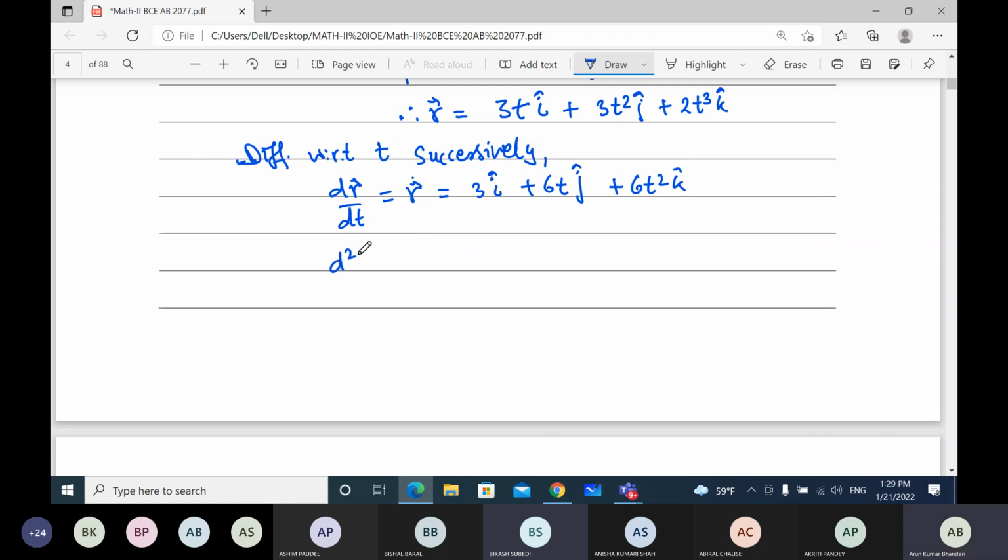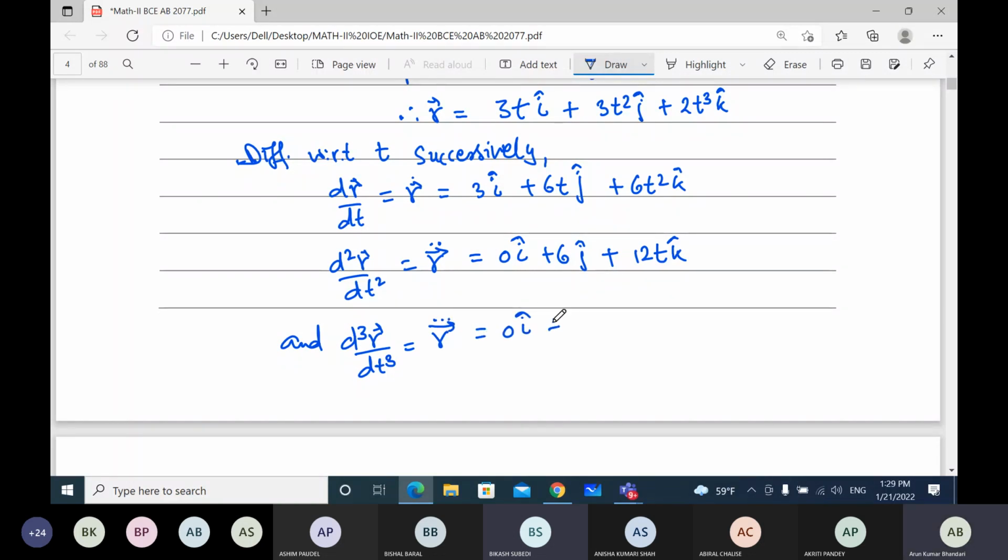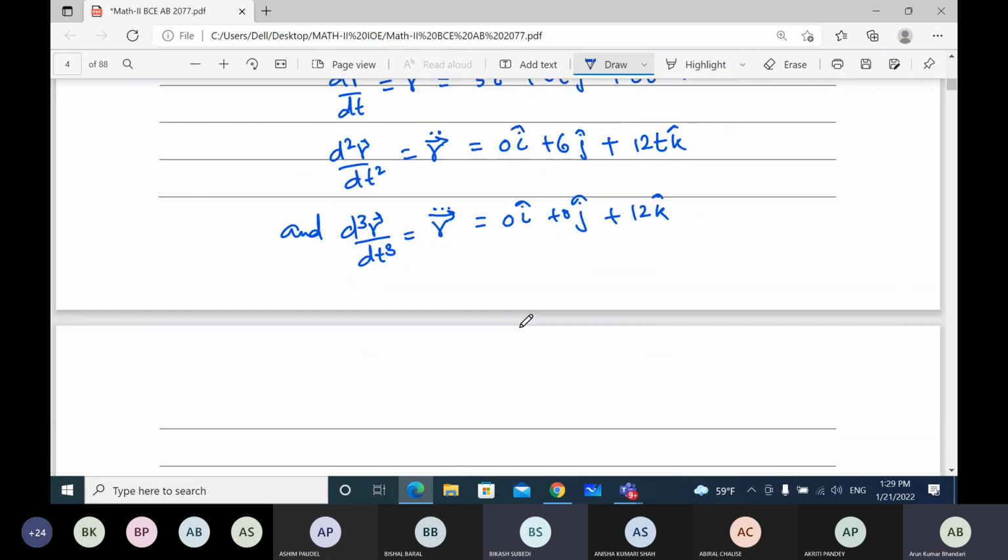Again d2r by dt square, r double dot, is equal to 0i plus 6j plus 12tk. And lastly d3r by dt cube, r triple dot, is equal to 0i plus 0j plus 12k.